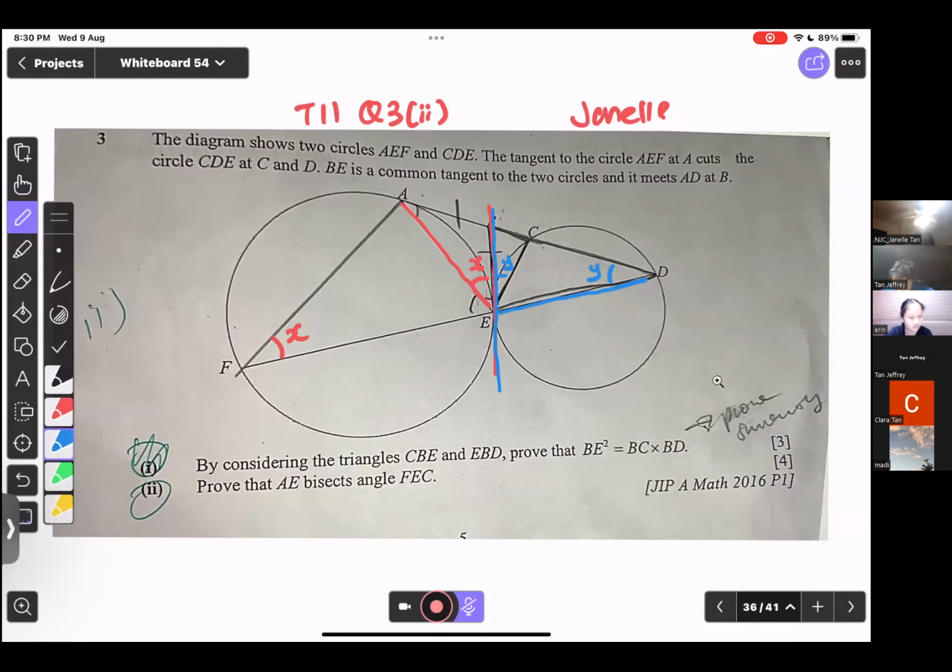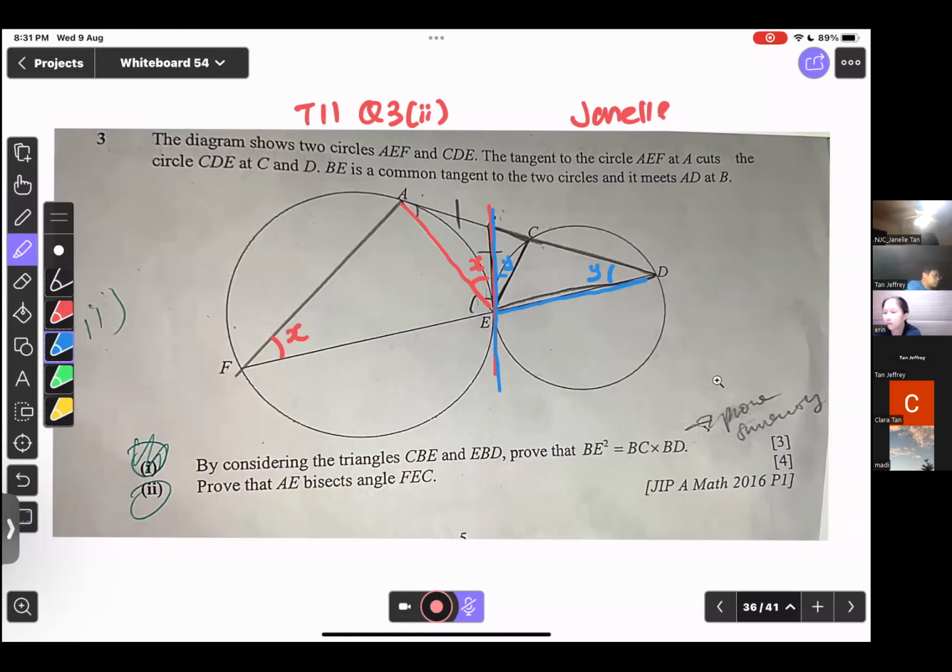Then part two, what's part one? AE bisects FEC. So this is X and Y. Is there anything I need to use from part one?